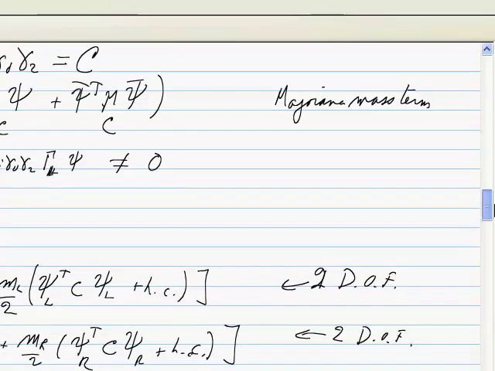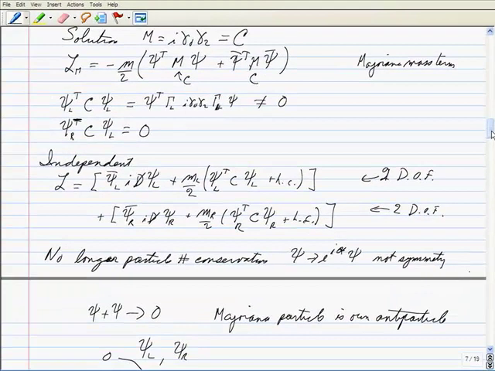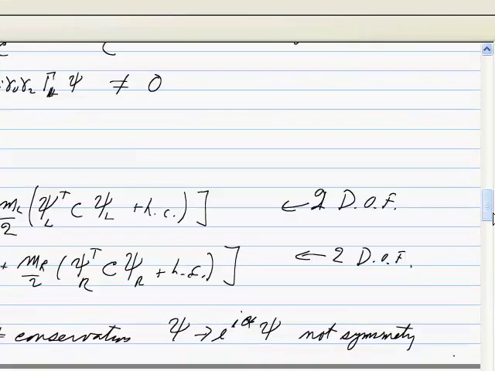But it's not good for anything else but particles that are neutral under all interactions, because of this lack of symmetry here. You couldn't do this in QED. If you tried this with an electron, this is the thing that gives you charge conservation, and a Majorana mass term then would not be invariant under the charge operation. So you can't do it for electrons. You can only do it for neutrinos because they're neutral.